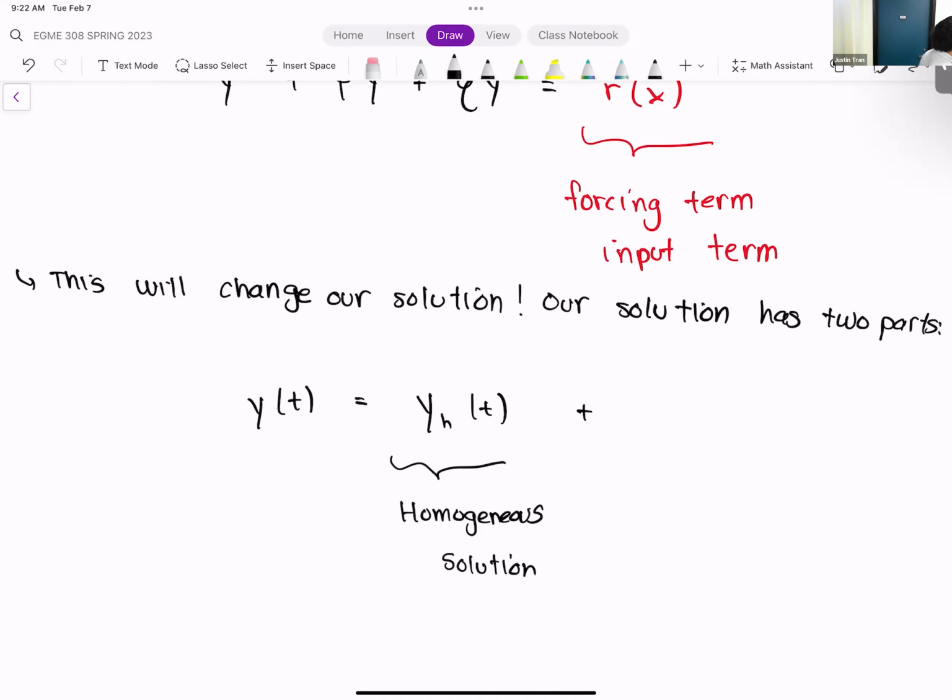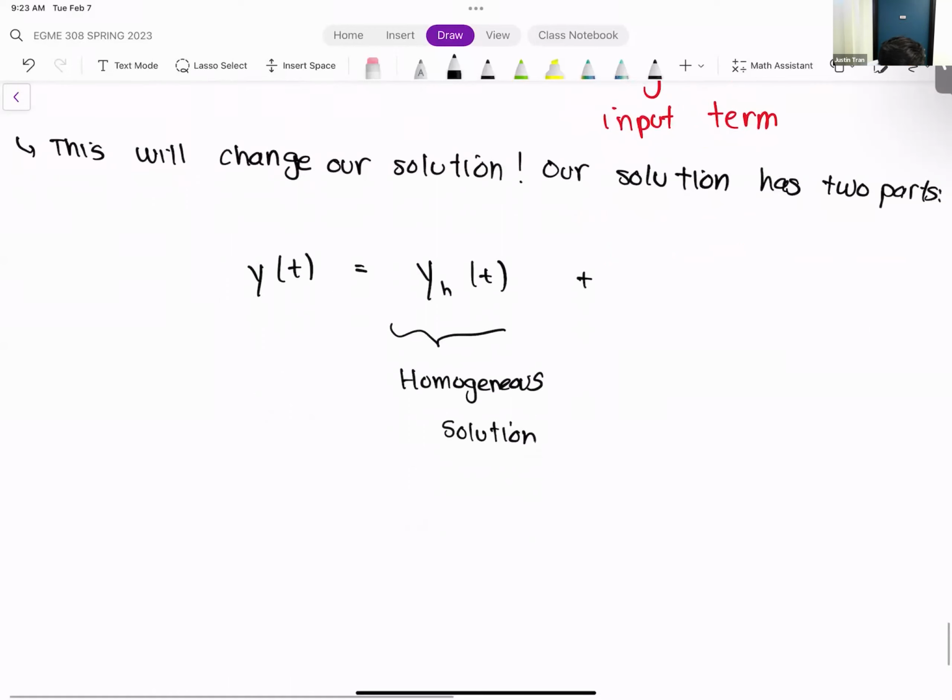You set the entire left-hand side equal to 0, form the characteristic equation, find the roots, and then form the solution based on that. So the homogeneous part is exactly the same, and that part shouldn't change at all.